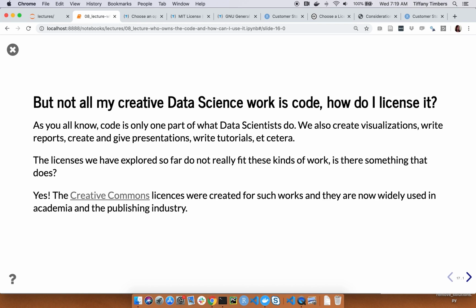So there are licenses available for you to use for these sorts of works, and I am going to point you to the Creative Commons licenses. They were created specifically for these types of work, and they're widely used now in academia and the publishing industry.